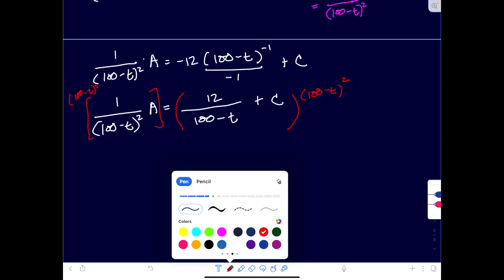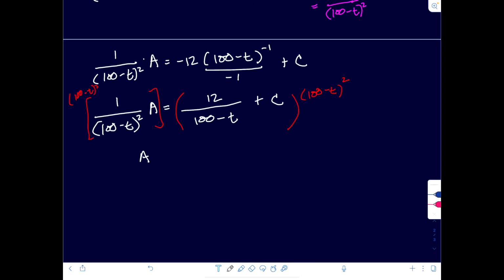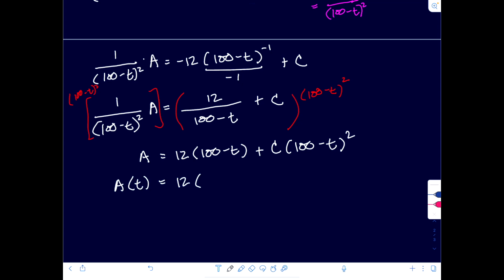And then 12 times quantity 100 minus t plus c times quantity 100 minus t squared. Cool so far? And of course, we can just write that as A at t equals. Now that we're done working through all this, let me simplify this part a little. We'll have 1200 minus 12t plus c times quantity 100 minus t squared.